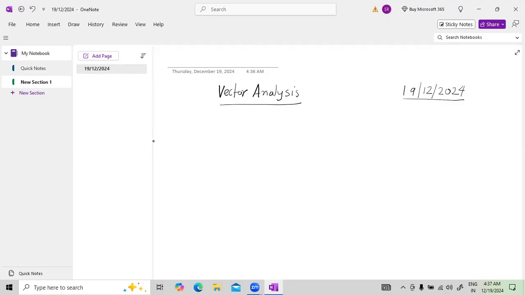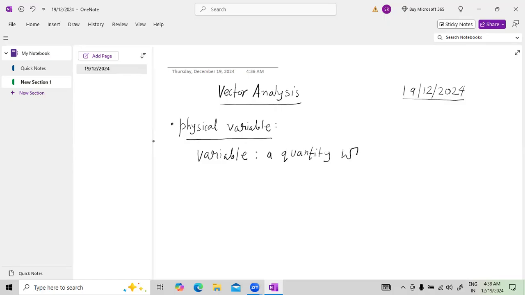So we have some idea of what a physical variable is. Physical variable. First of all, a variable means a quantity which varies.